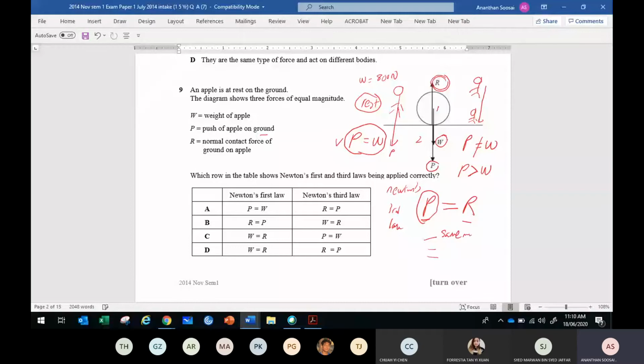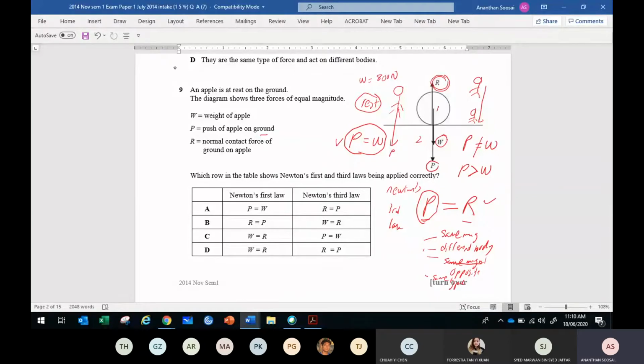It must act on different bodies: P acts on body 2, R acts on body 1. It must be oppositely directed. And the fourth one, it must be the same type.